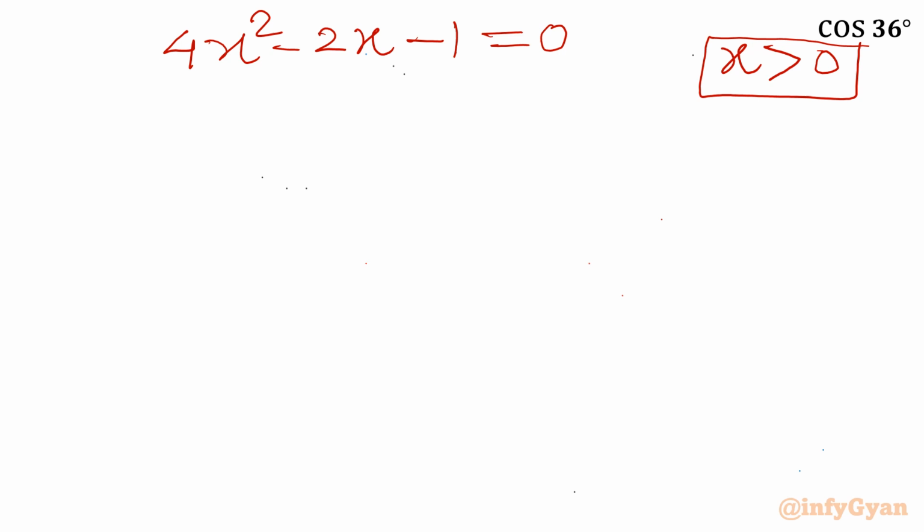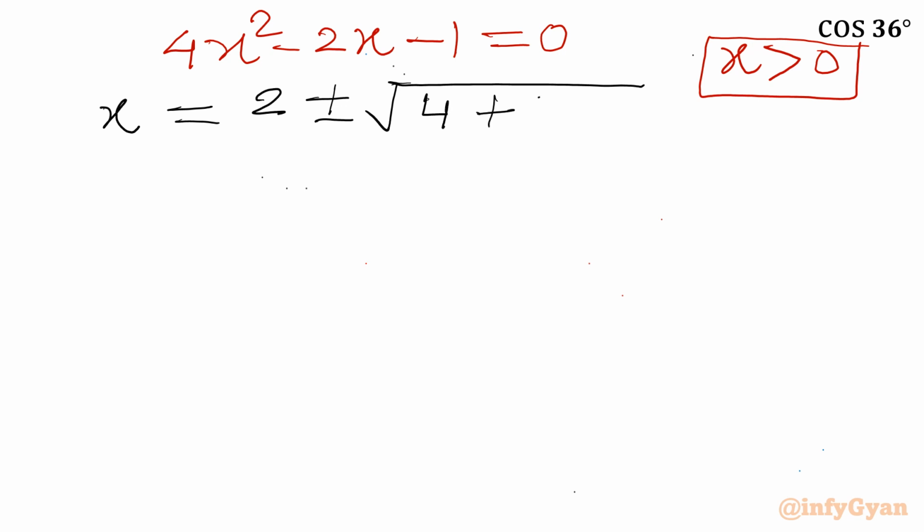Let's apply the quadratic formula. So I will write x equal to minus b, so minus of minus 2, that is 2, plus minus square root of (minus 2) square minus 4ac. So plus 16 will come out, over 2 times 4.